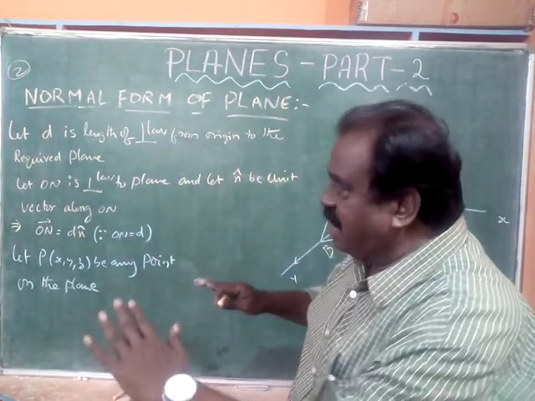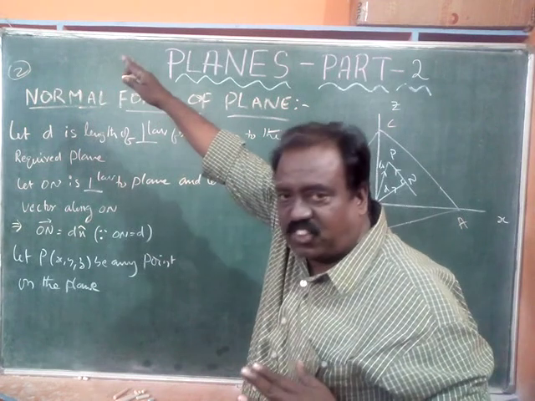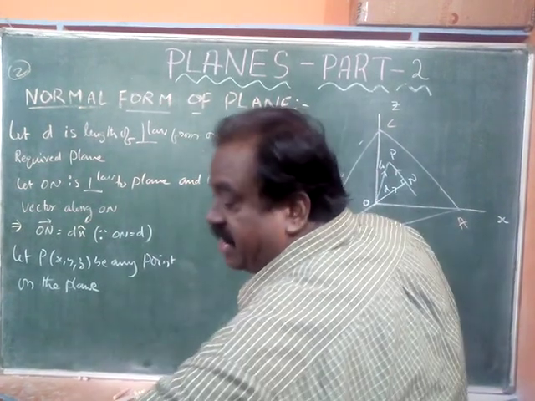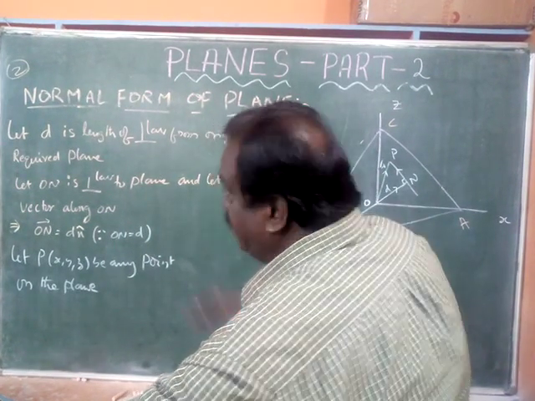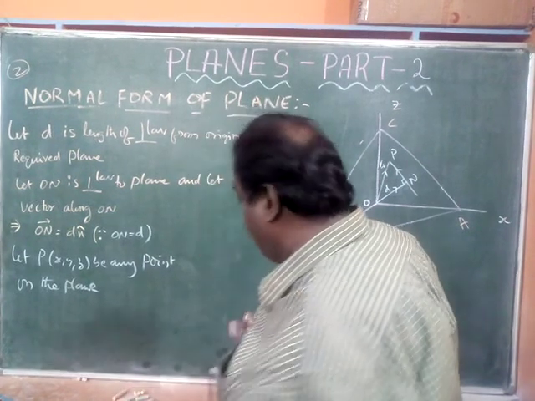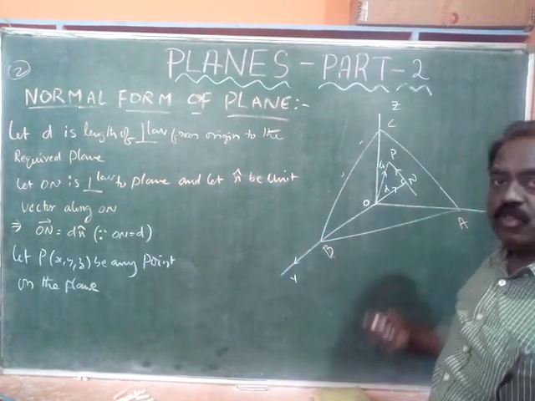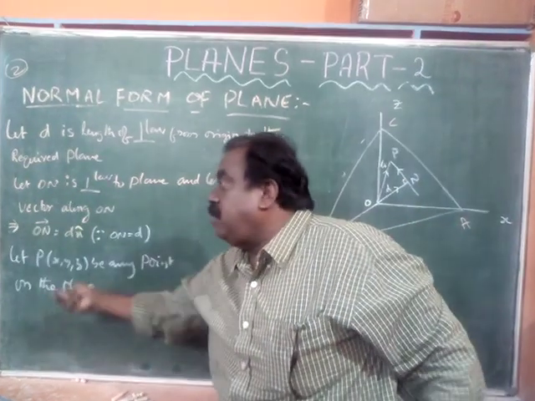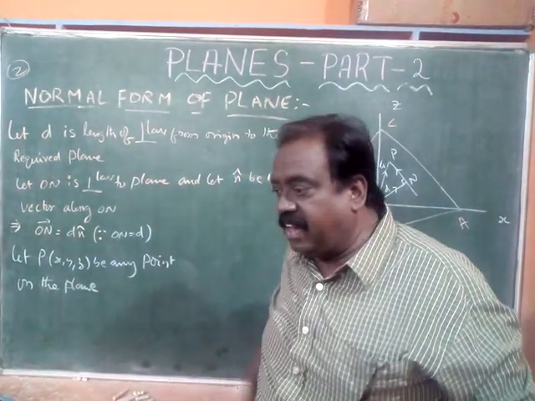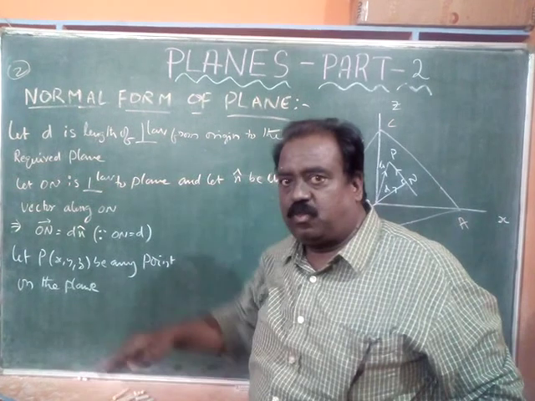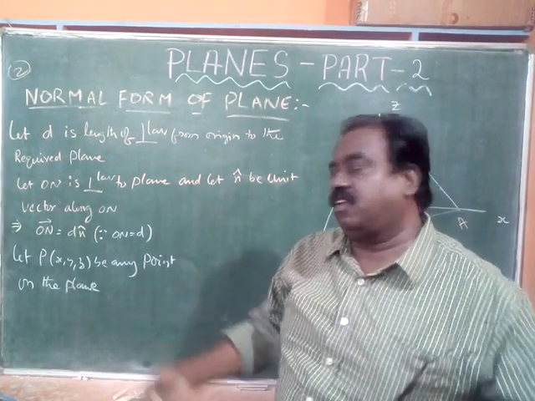Slantly it cuts the z-axis at C, y-axis at B and x-axis at A. Like that it is there. From the origin to the plane, here the ABC plane is there. Try to imagine.